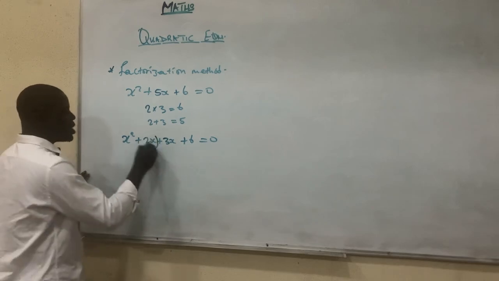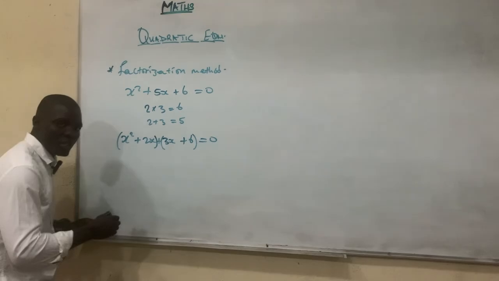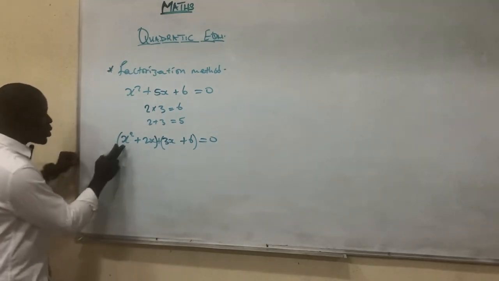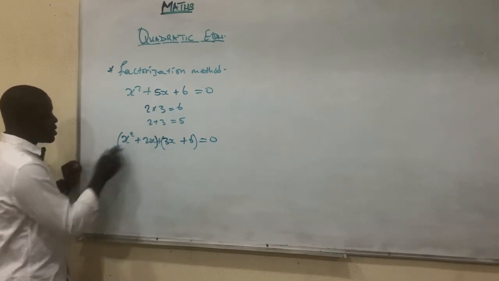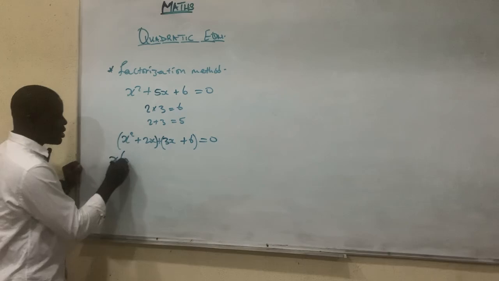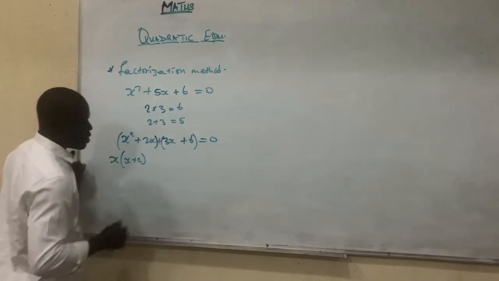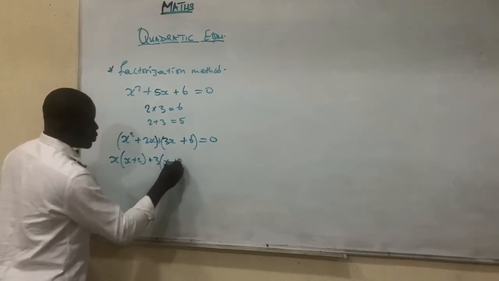We have to group them 2 by 2. What is common here and also common in this place is x. So you bring out x, you are left with x plus 2. What is common here and also common here is 3. You bring out the 3, and you are left with x plus 2.